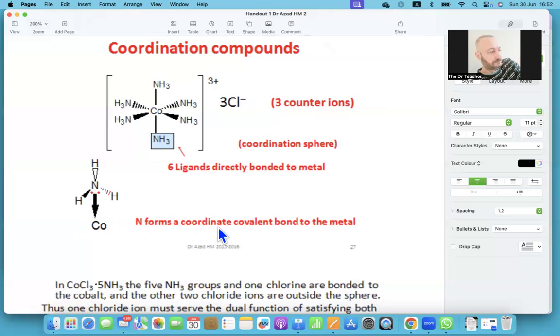So nitrogen forms a coordinate covalent bond to the metal. It means that the nitrogen is not losing the 2 electrons to the cobalt completely, but only partially. Cobalt has empty orbitals, and the lone pair is shared partially, entering an orbital in the cobalt, and this is the coordinate bond.